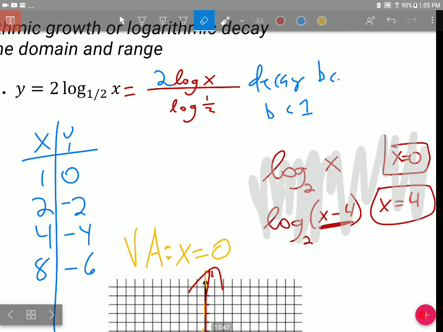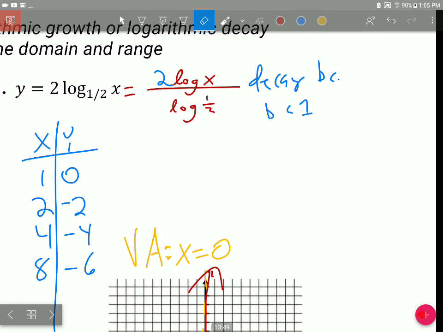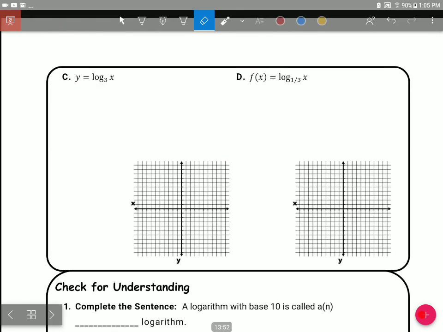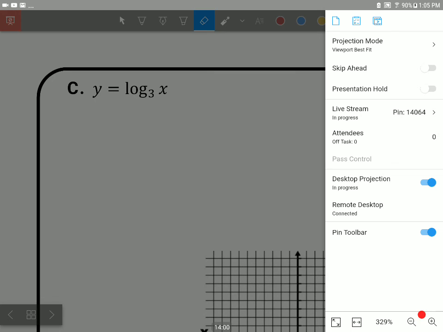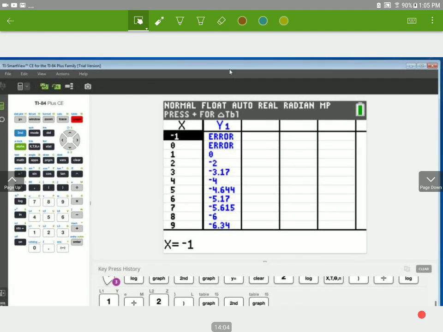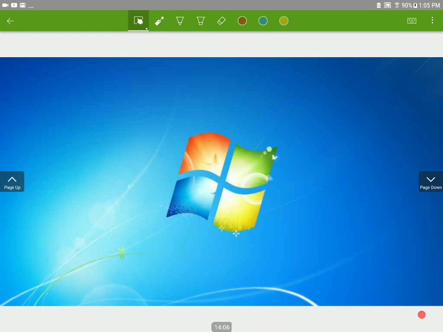All right. Let's turn the page. Letter C. I want you to put that in the calculator real fast. I'll do the same over here so you can't see me, because I want to make sure you do it right.